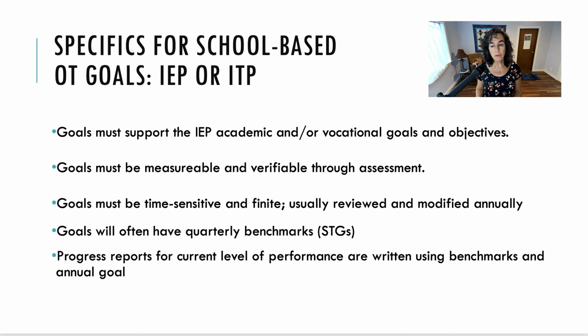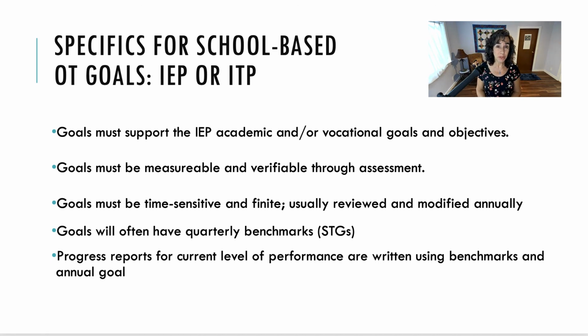They're usually reviewed and modified annually, but in most school districts, at least in this area, you check in about them quarterly. The goals will often have quarterly benchmarks. There you go. And the quarterly benchmarks are the short-term goals. So if I had read ahead one line, I could have told you that. All right. So annually for the long-term goals, quarterly for the short-term goals.